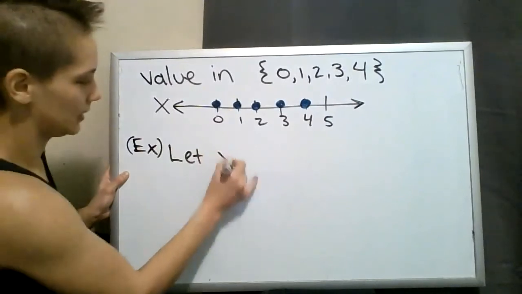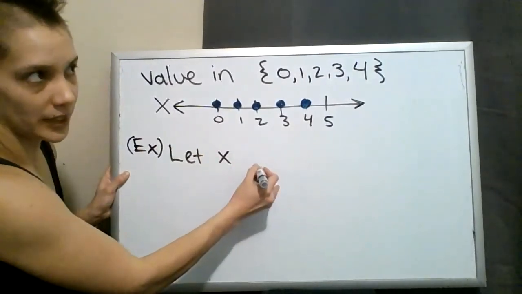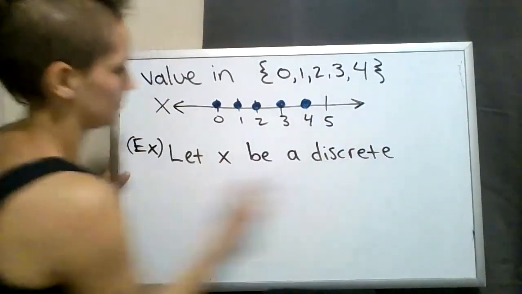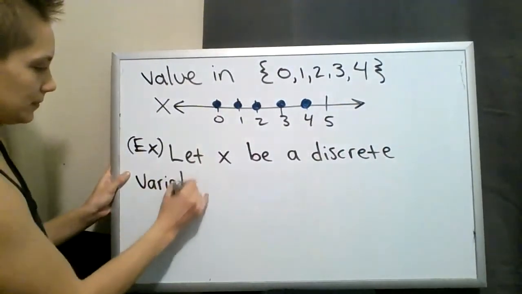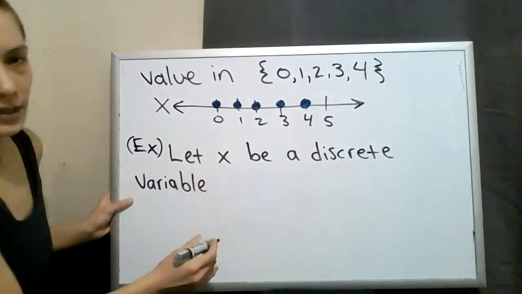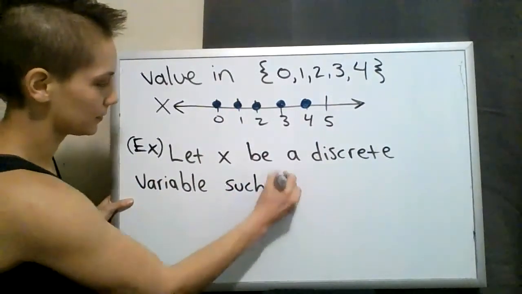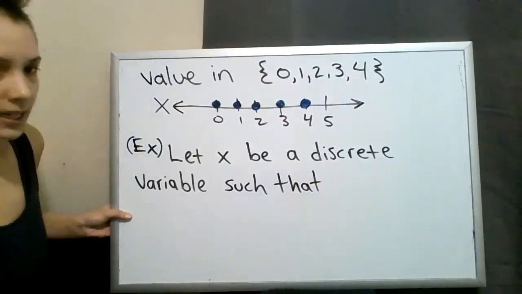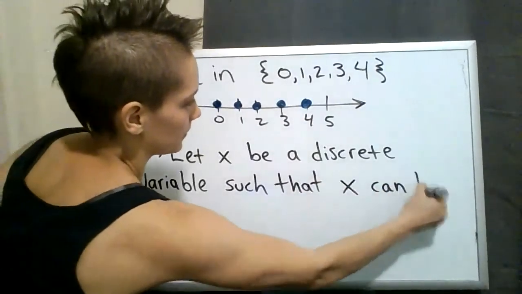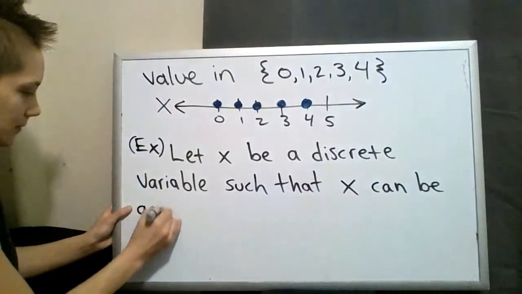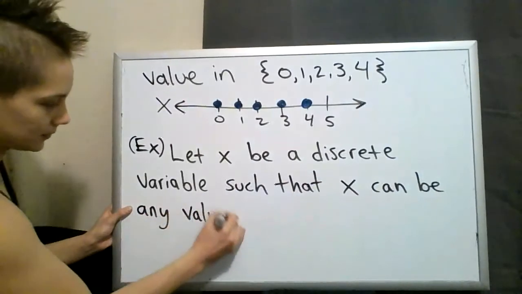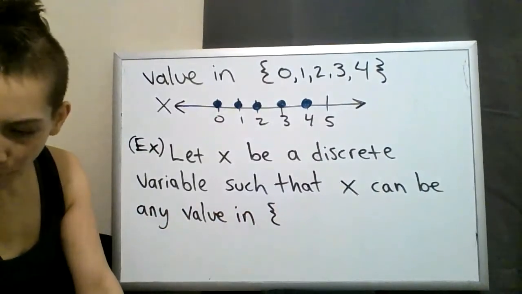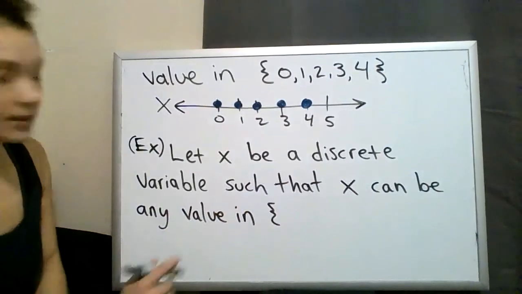Let x be a discrete variable such that x can be any value in the set that contains 2, 5, 8, 9.